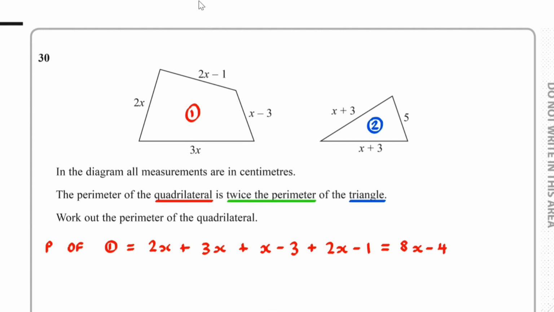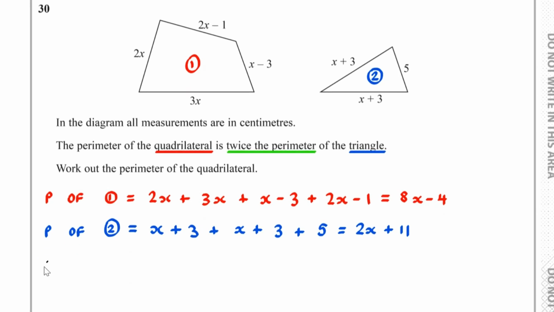Now we can find the perimeter of the triangle, which we'll call 2. We've got x plus 3 plus another x plus 3 plus the 5, so we end up with 2x plus 11.